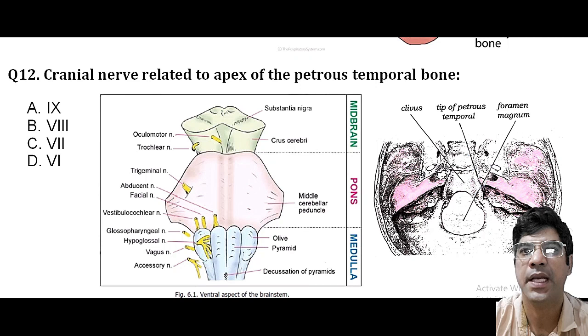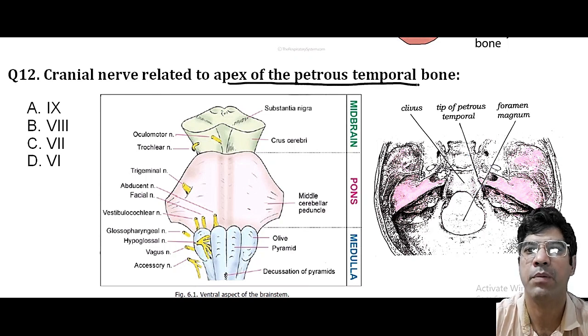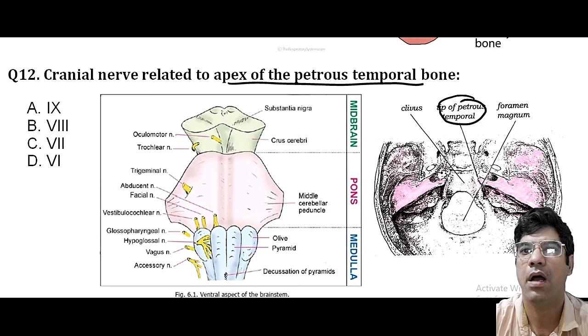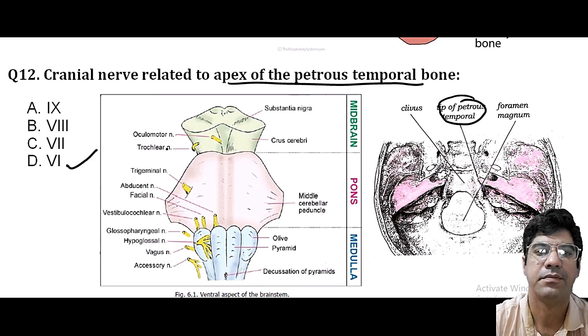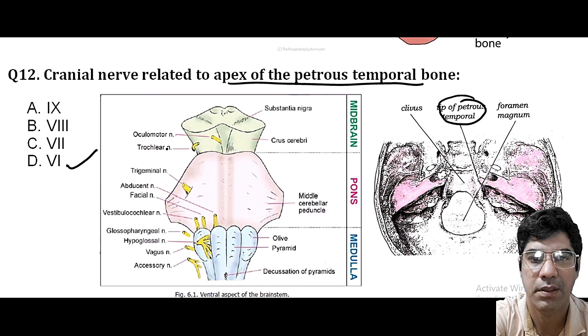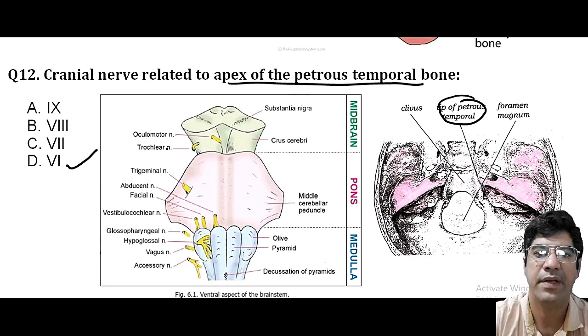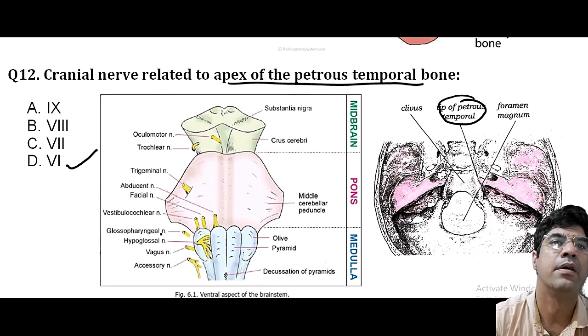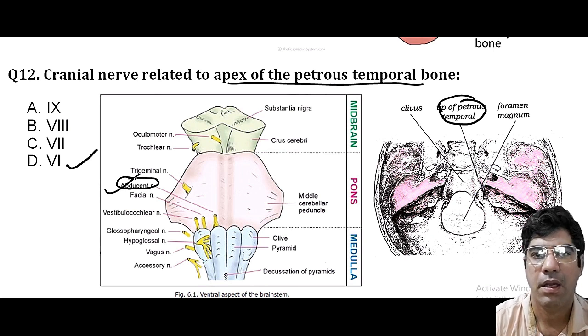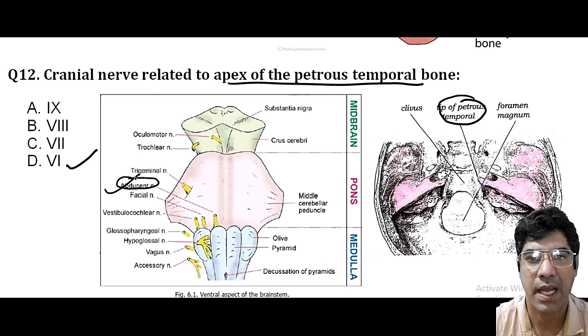The cranial nerve that is related to the apex of the petrous temporal bone is cranial nerve 6, the abducens nerve. The abducens nerve arises from the pontomedullary junction and exits the brainstem at the junction of pons and medulla.